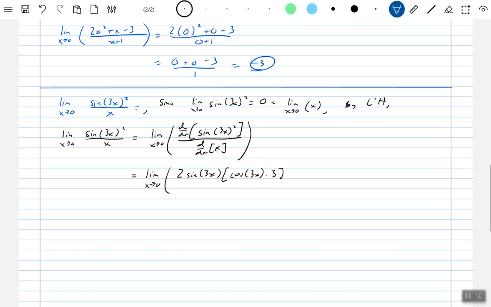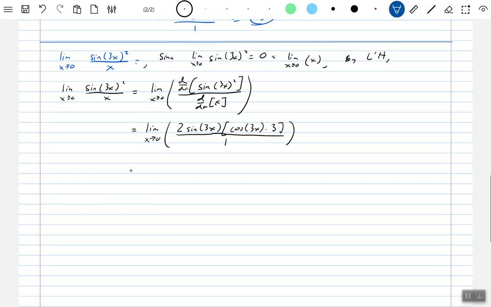If you have any questions on how to calculate the derivative, shoot me an email. I'll be happy to explain that in more detail. But that's that one, divided by 1. So from here, this is equal to the limit as x goes to 0 of 6 sine of 3x cosine of 3x over 1.